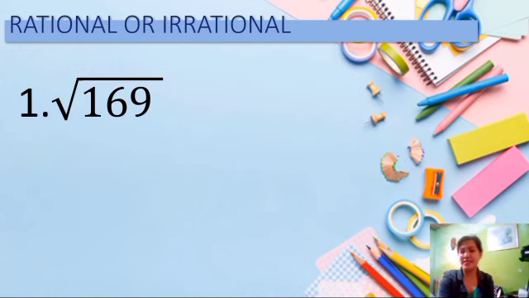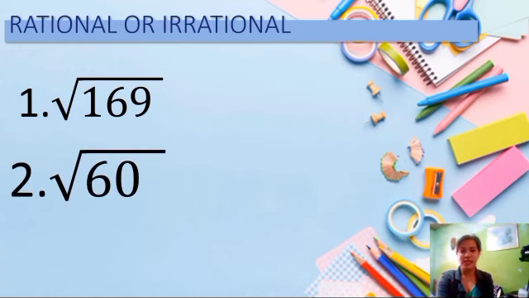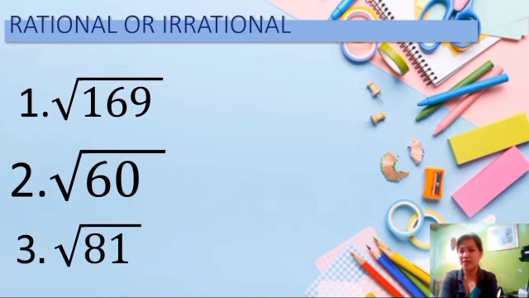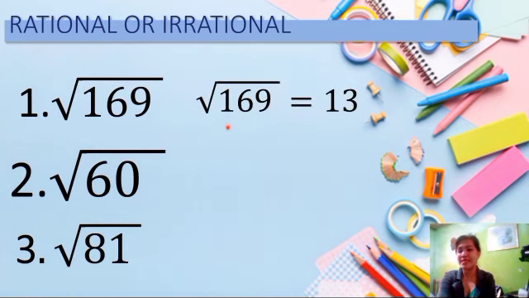Square root of 169, square root of 60, square root of 81. So which among them is an example of a rational or irrational number? For number 1, we have square root of 169, then 169 is a perfect square.